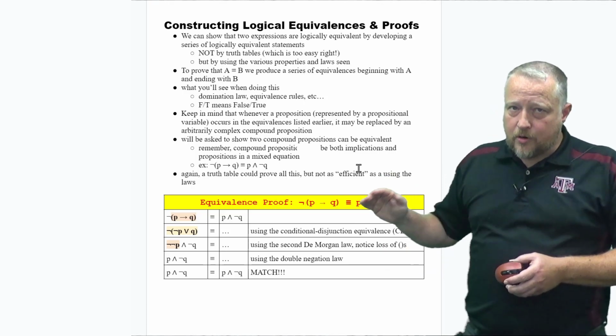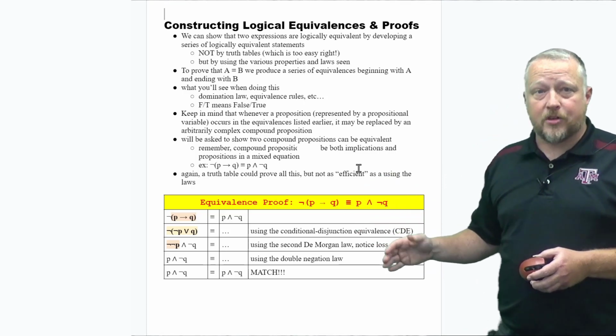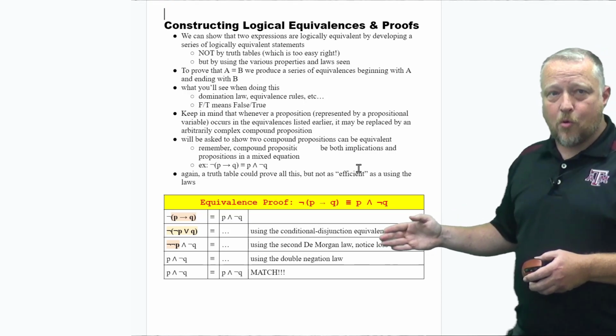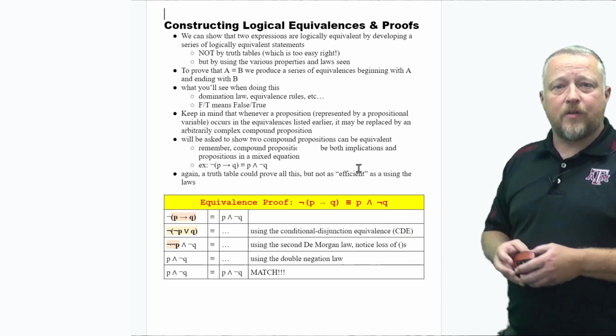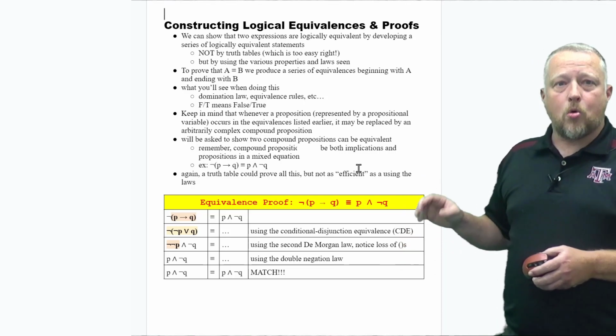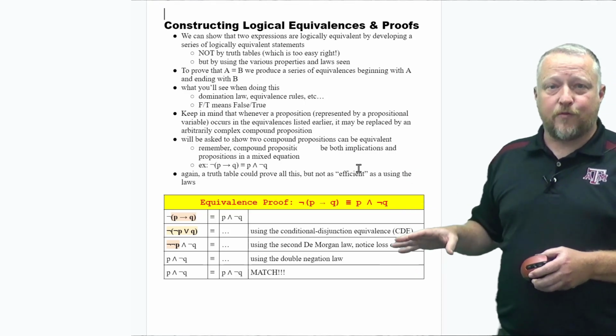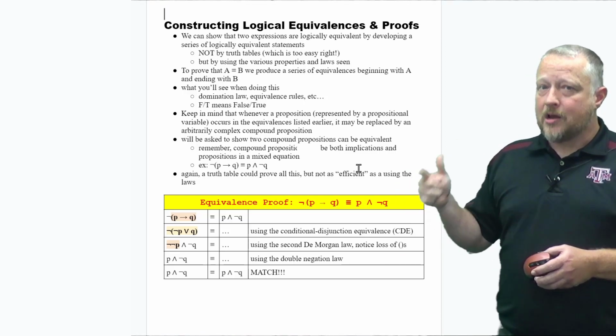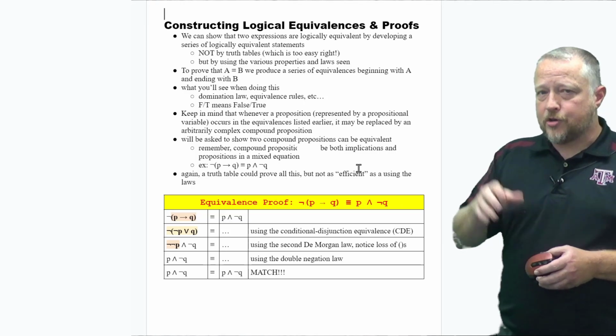So notice I'm going to do a very step-by-step approach when we come to this. Notice also I'm using different equivalencies or De Morgan's law or some of the other laws that we've gone over. None of these are laws or equivalencies that you haven't seen before. So again, remember, you have two things, equivalencies and laws. They're going to help you out with this. But I'll show you an example here in a second.